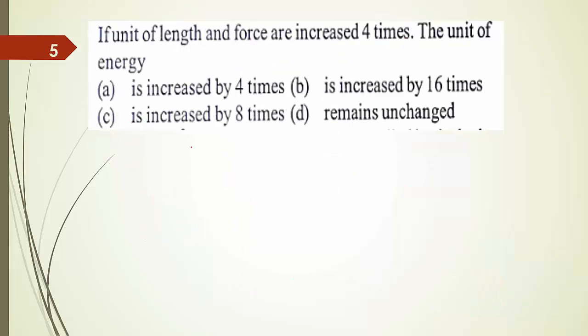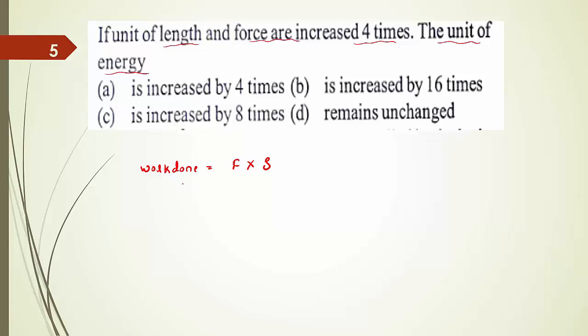Question number 5. If unit of length and force are increased 4 times, then the unit of energy is. Here the question is the unit of length and the unit of force. If they are increased 4 times, then what about the unit of energy? See here, we know that work done is given by the equation force into displacement.